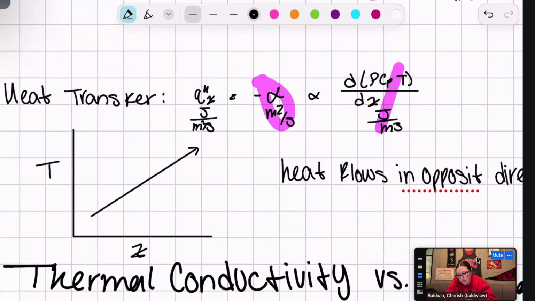Meaning, diffusivity would go in the opposite direction of the gradient. So that's why there is a negative sign.